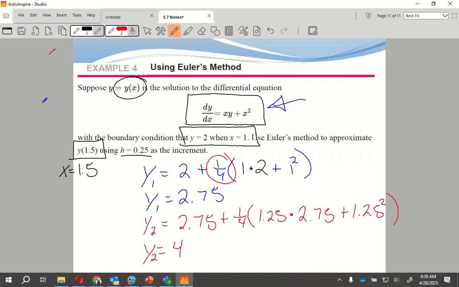So at this point right here, given this point, I know that y2 is 4. So I increased all this to get y2 being 4. So that means that right here, y sub naught was 2, x sub naught was 1.